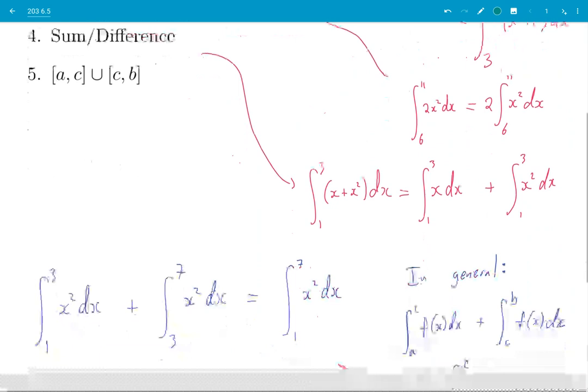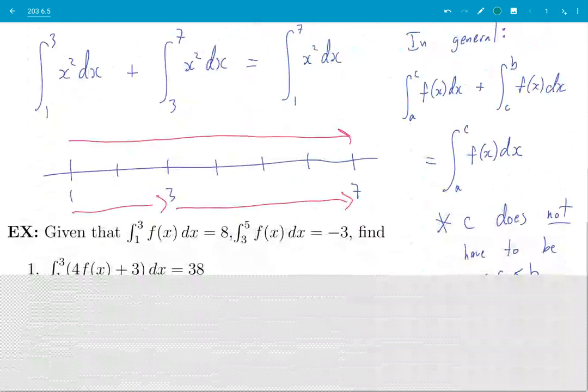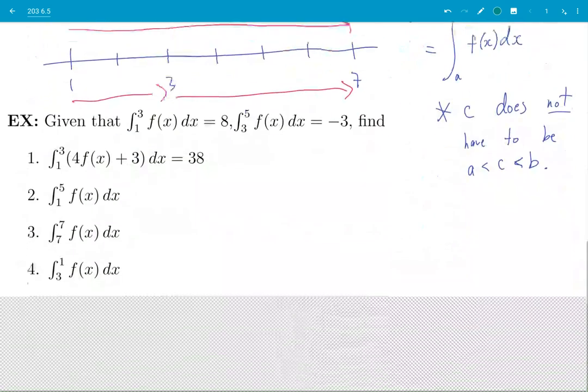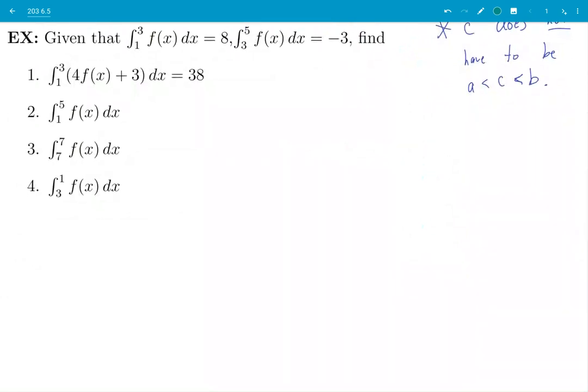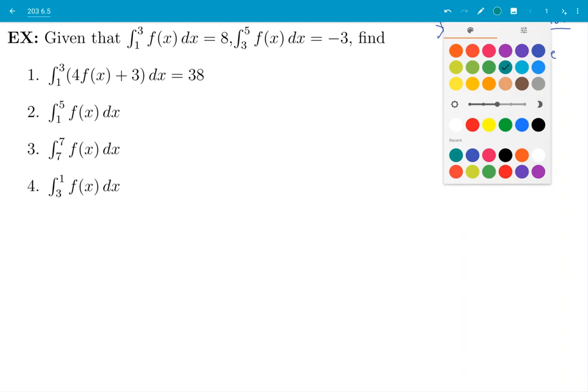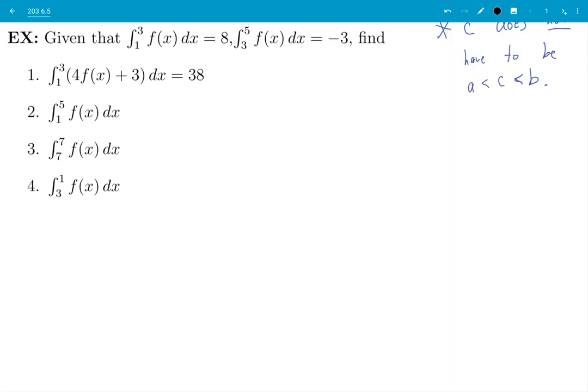Okay, let's have a look at an example. So pause and copy this example. And we jump in, pause and copy. Number 1. So we're going to use our properties to sort this out.